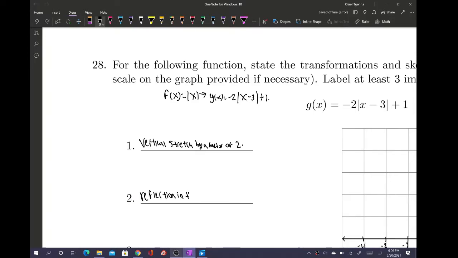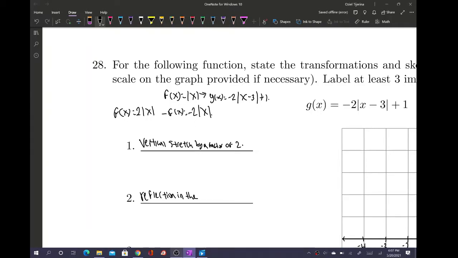in the... so this basically is negative, so if I have f of x equals the absolute value of x, then that means that negative f of x will be negative 2, my bad, negative 2 times the absolute value of x.